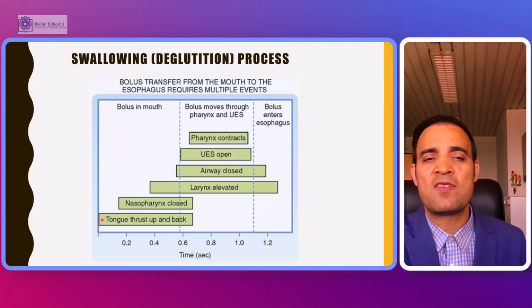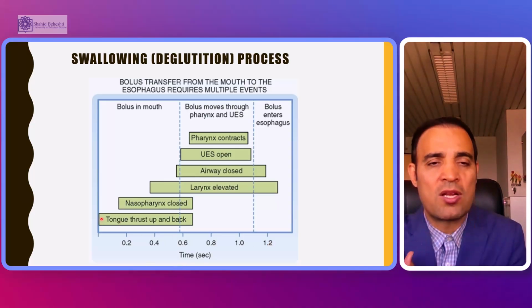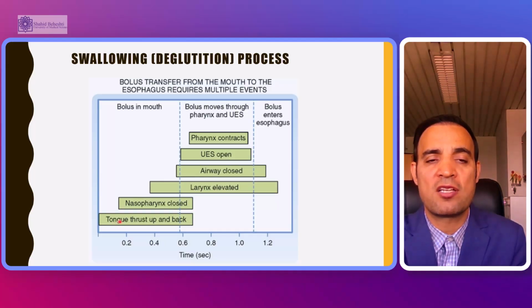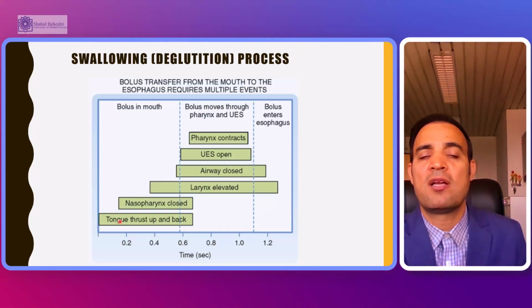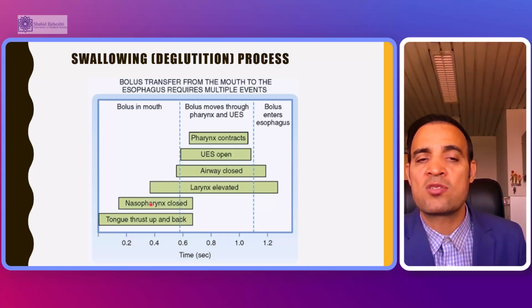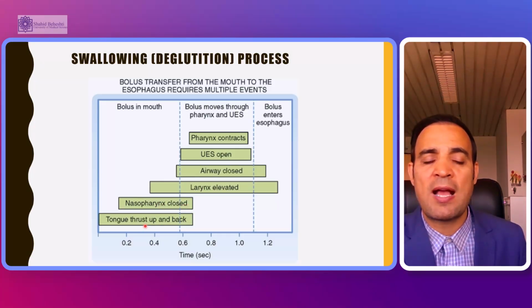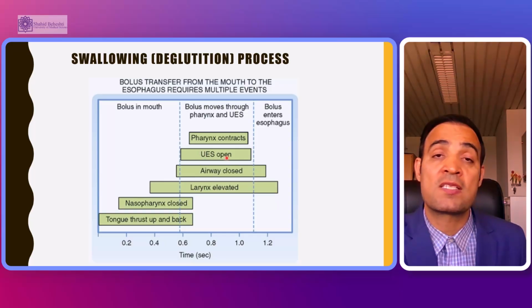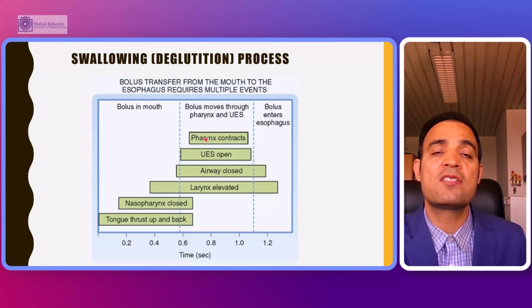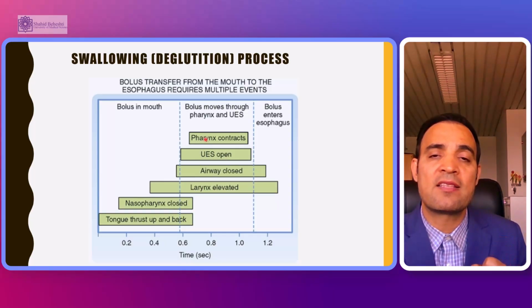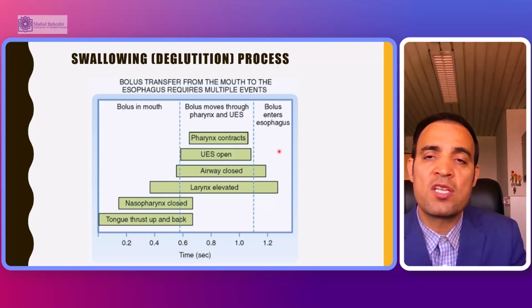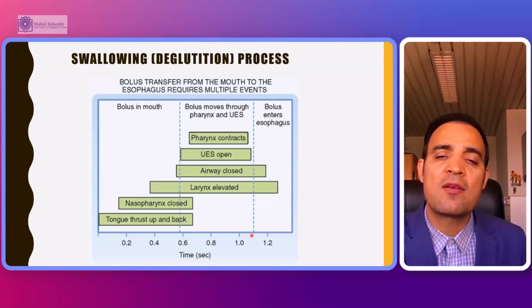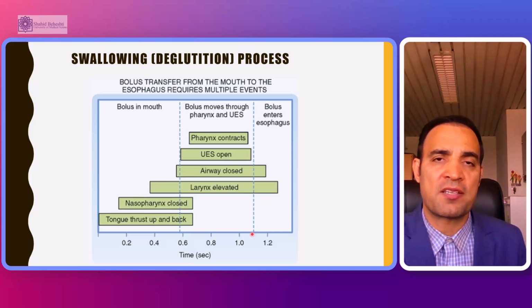We start the swallowing by function of the tongue, which thrusts up and back, and the nasopharynx is closed, happening in the first milliseconds. Then the larynx will be elevated, the airway will close, the upper esophageal sphincter will open, and the pharynx then will contract. This generates the force to push the food into the esophagus. All this time is about 1.1 seconds.